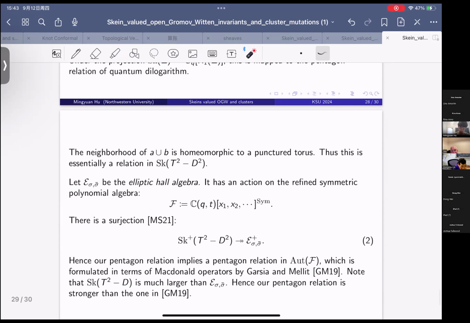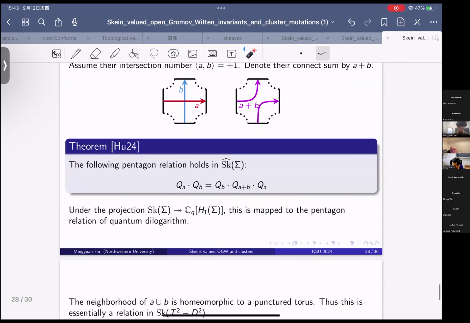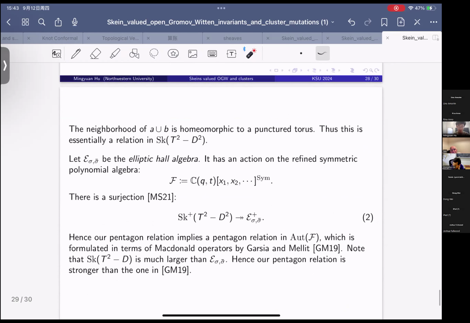So the proof of this pentagon relation is purely topological, a purely low-dimensional topology proof, but I recover some results.